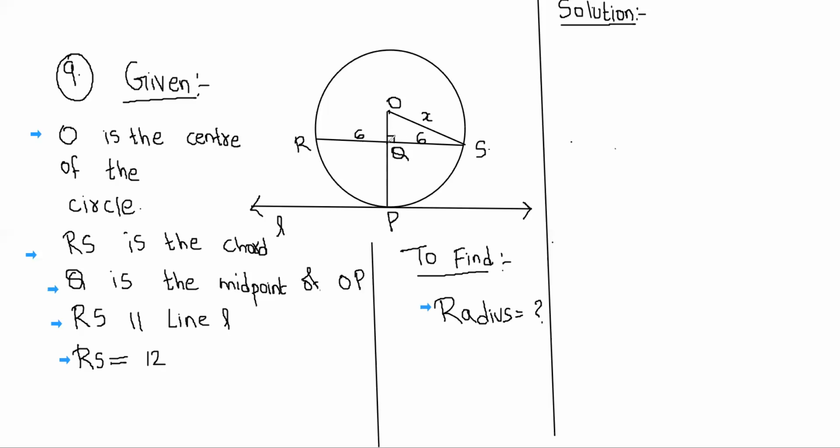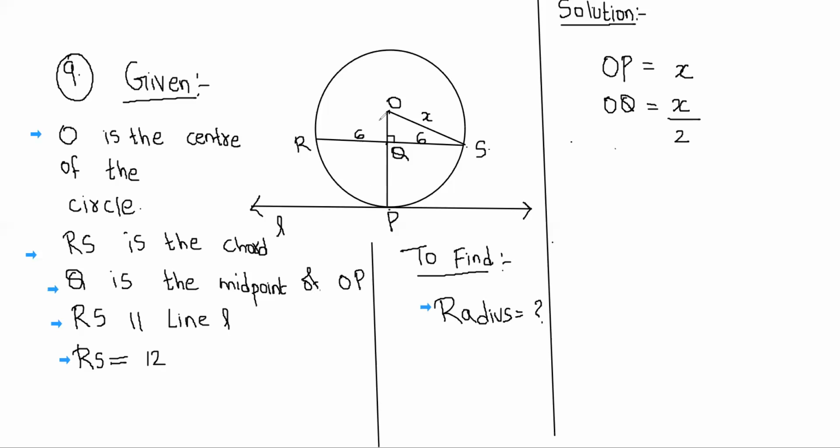So if we think what is OQ, इधर कुछ मिड पॉइंट के बारे में दिया था हमको गिवन में. They have said that Q is the midpoint of OP. Okay, so if we consider the radius as X, OP is also the radius, बराबर. तो अगर OP radius पूरा X है और OQ जो है वो OP का हाफ है, क्योंकि Q is the midpoint, तो OQ क्या रहेगा?